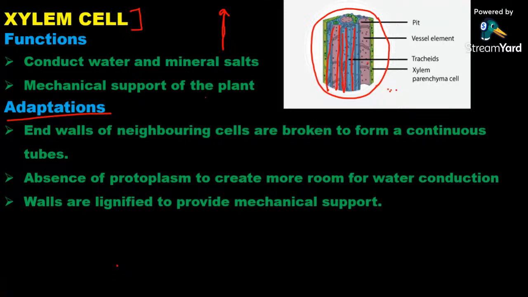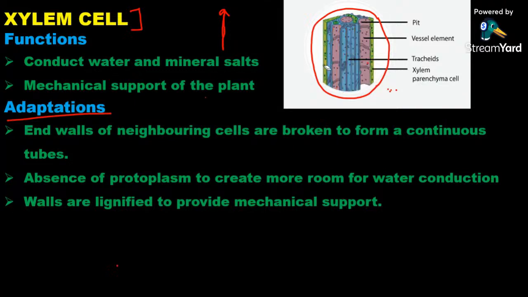Protoplasm, we said, is the living part of the cell, made up of the nucleus, the cytoplasm, and the cell membrane. Then the walls of the xylem are lignified to provide mechanical support. So these are some of the adaptations of the xylem.